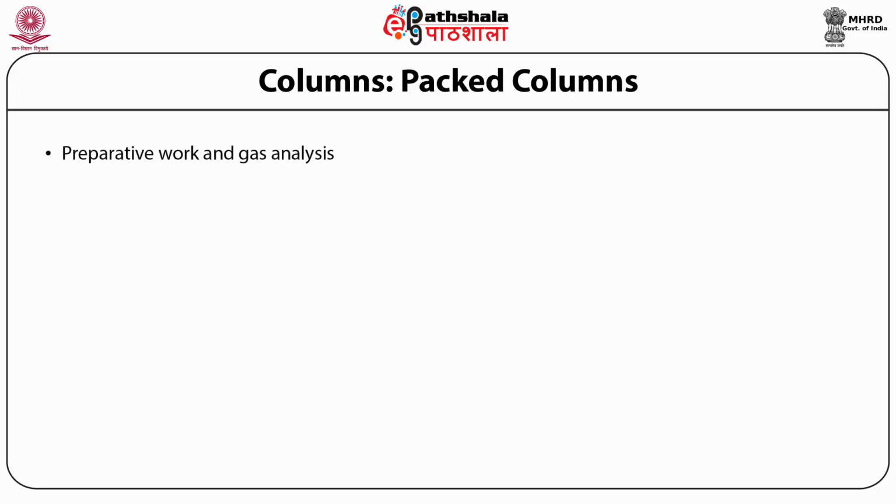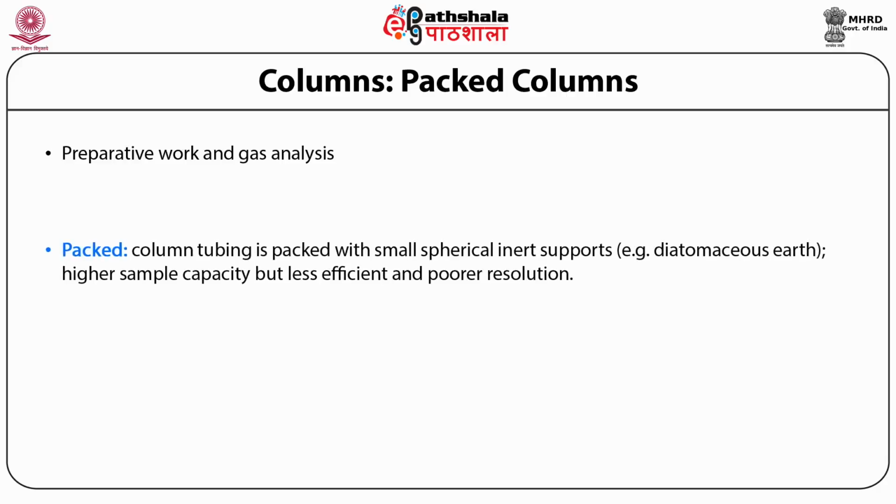However, for preparative work, packed columns are still used, and one of the benefits of a packed column is its higher sample capacity. That means that the column can take much more sample in terms of amount than can a capillary column. In a packed column, typically the column tubing is packed with small spherical inert support onto which your stationary phase will be present or bonded.